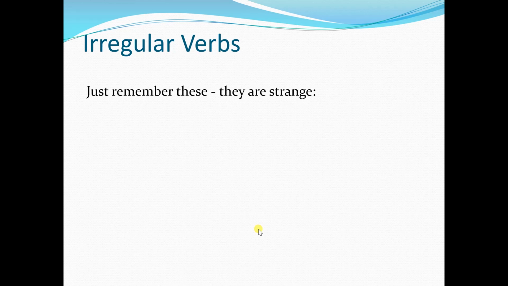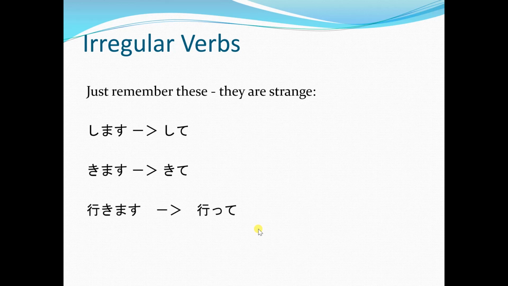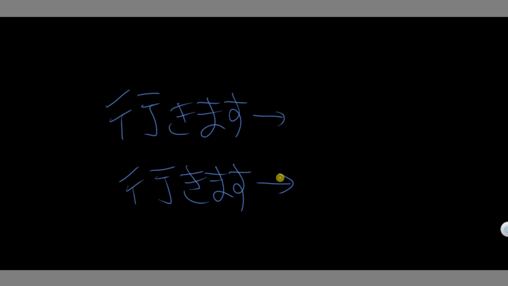That's crazy, man. So irregular verbs, just remember these, they're really strange. Shimasu goes to shite, kimasu goes to kite, and ikimasu goes to itte. Ikimasu actually looks like it is in group 1, but it's not, so you have to remember this one.